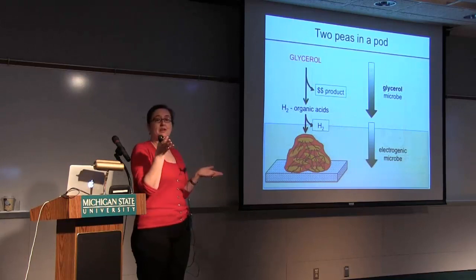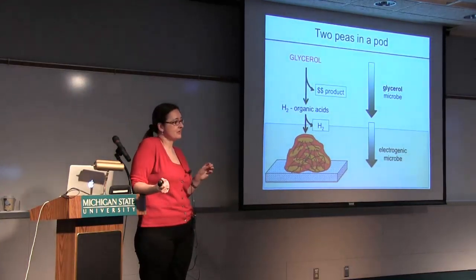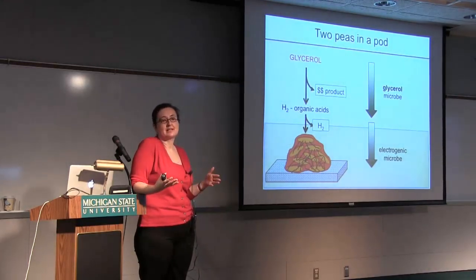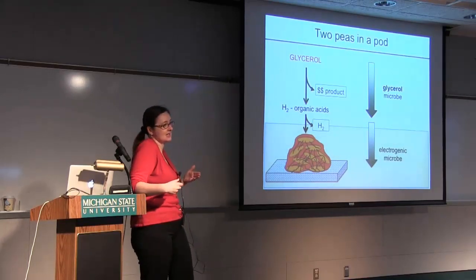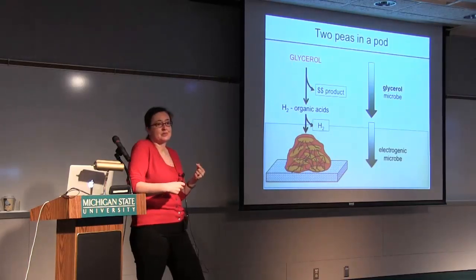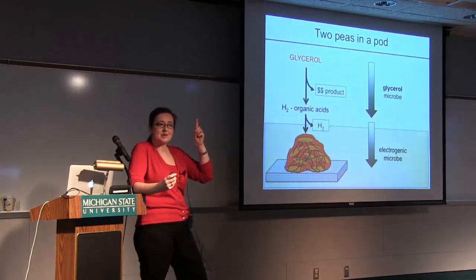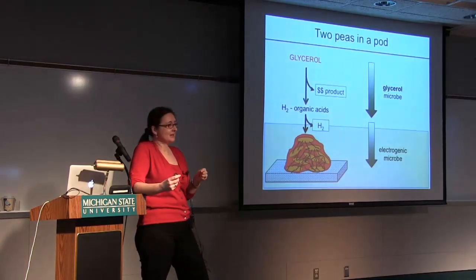So let's go back to the glycerol. Let me tell you how we could apply this very same proof of concept to get a reactor in which we could digest the glycerol and make an added value product. What we did is exactly the same thing as we did in the previous example. In this case, the substrate was glycerol. So can we find in this cow rumen the microbe that gets that glycerol, that metabolizes it by fermentation?